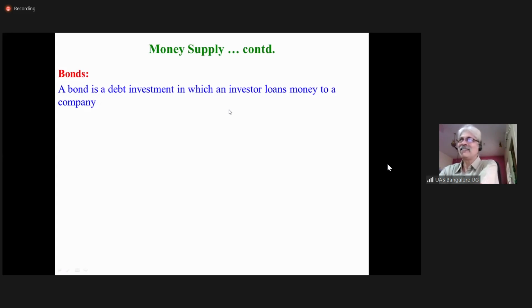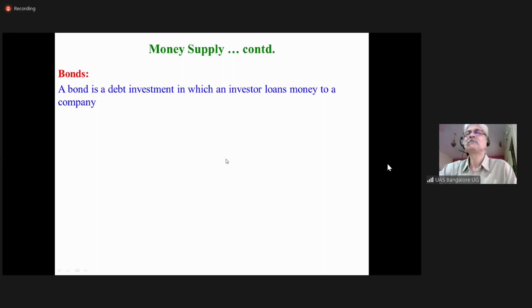Then the interest rate is 15%. You will get only 15 rupees as the interest for 100 rupees. But if you are a shareholder, then if the company makes huge profit, though you have invested only 100 rupees, you may get 1,000 rupees share in the profit. It is possible. So that is the difference.